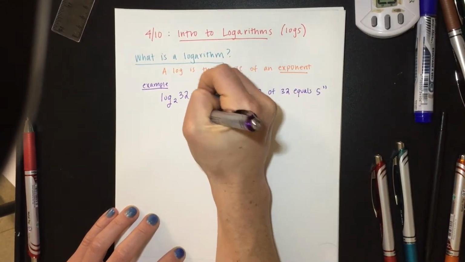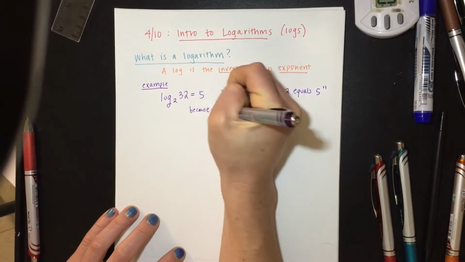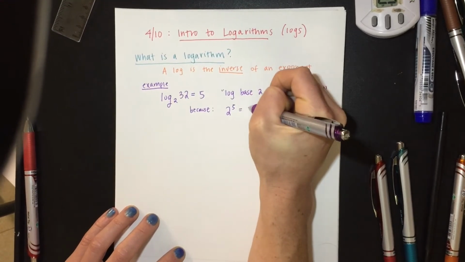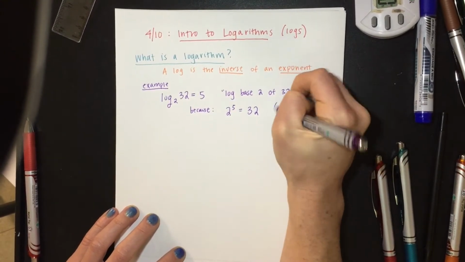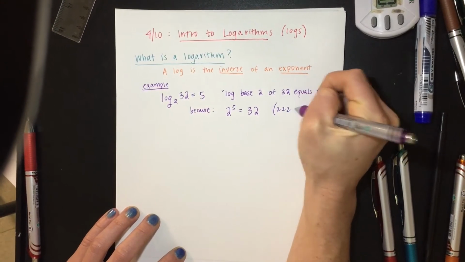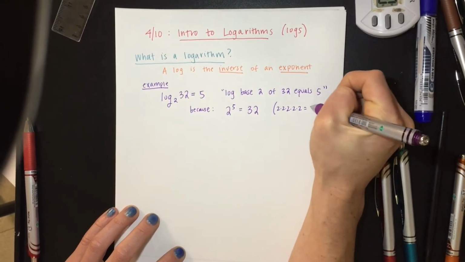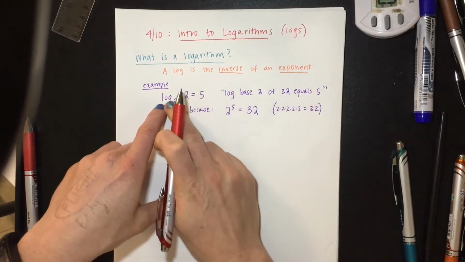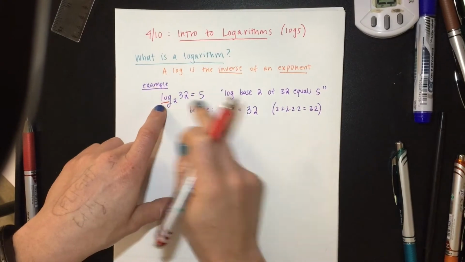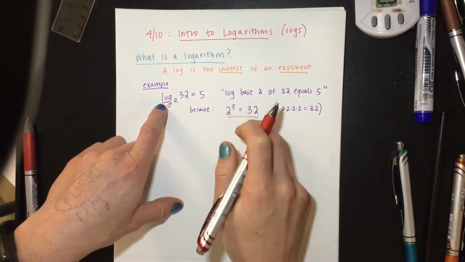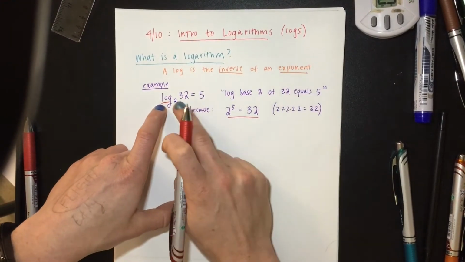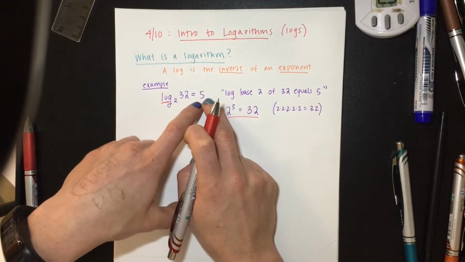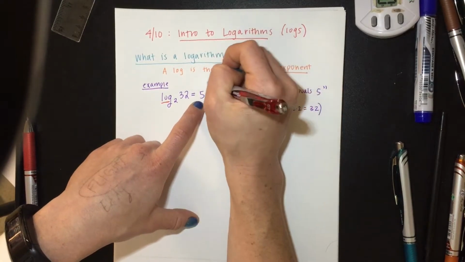And this is because 2 to the 5th equals 32. If you think about it, 2 times 2 times 2 times 2 times 2 equals 32. Logs and exponents are related and they're kind of inverses of each other. So log base 2 of 32 is equal to 5.